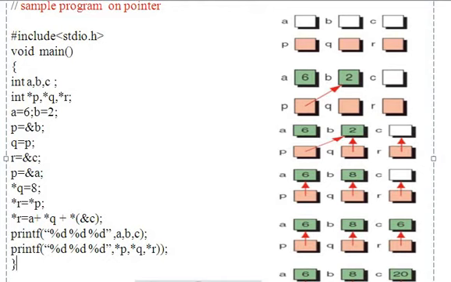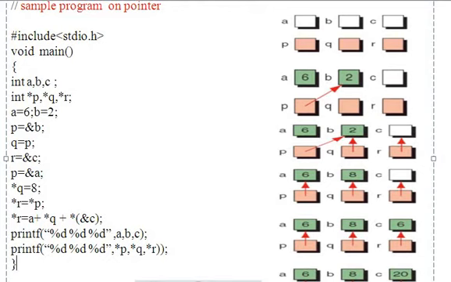R is equal to &C. Now P is equal to &A. So address of A is assigned to P now.